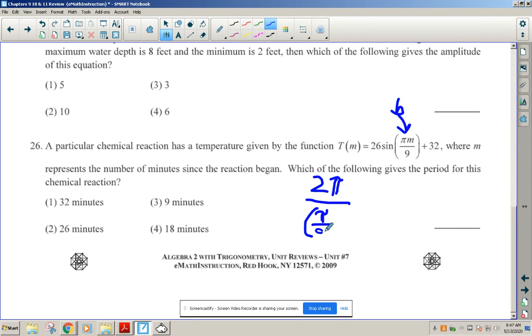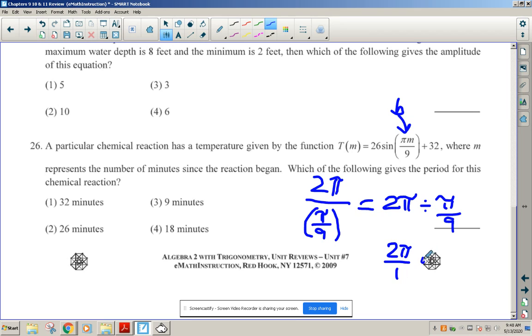So you either have to be really, really savvy on the calculator, or you need to say, all right, if I'm dividing 2 pi by pi over 9, I'll use the old-fashioned division of fractions. The first one doesn't change. So we definitely call upon all our old work.